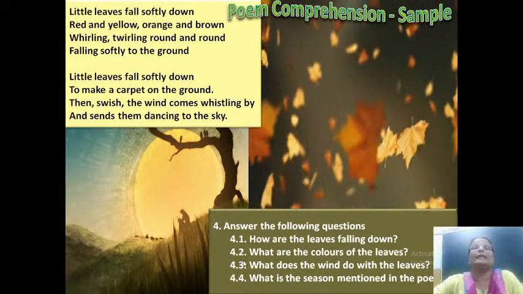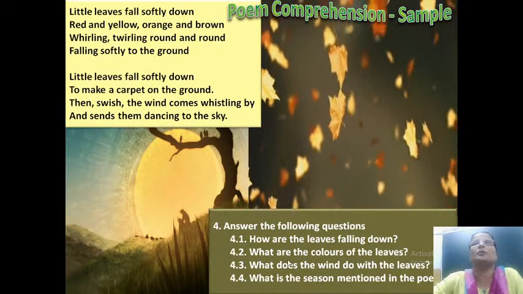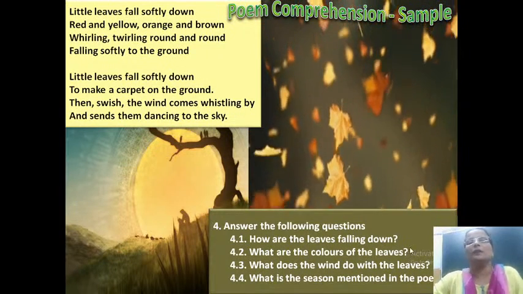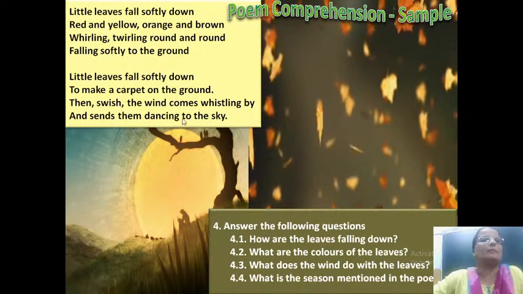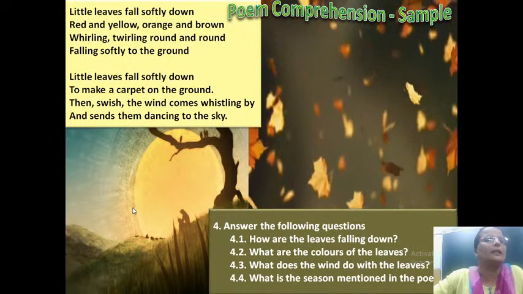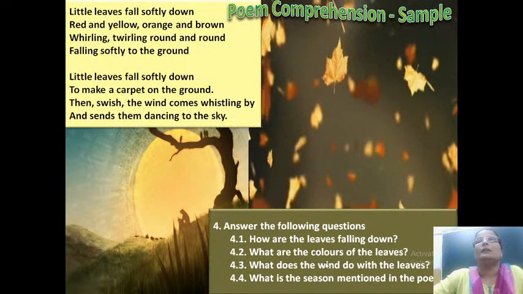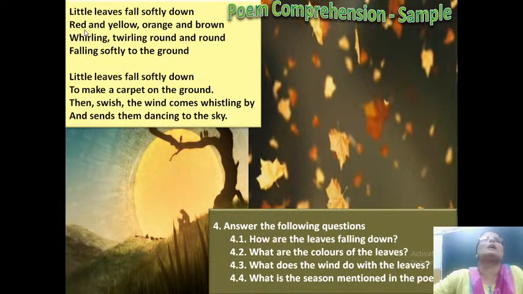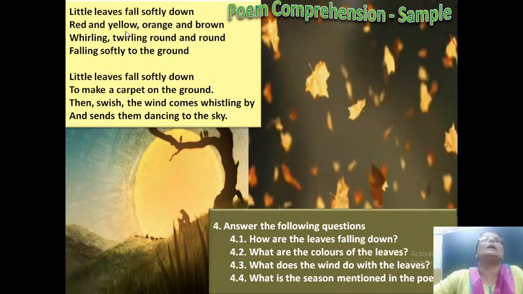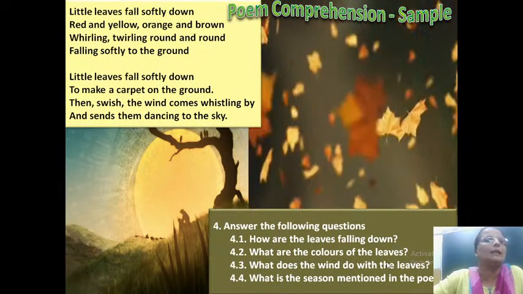But you have to write the answer according to the question. The question has asked you what are the colors of the leaves. So you should not write this line like this, red and yellow, orange and brown. If you write like that, you will not get the mark. Instead, you should write the leaves are of red, yellow, orange and brown in color.